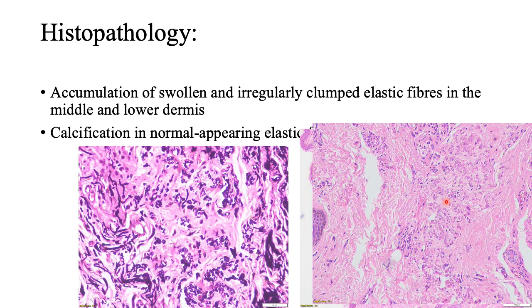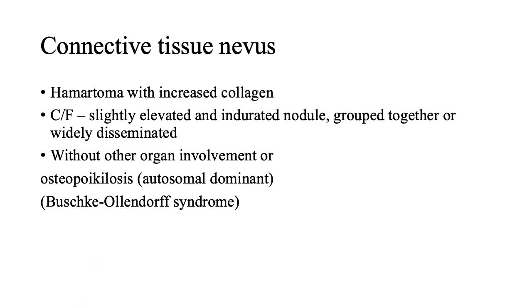These elastic fibers stain positive with VVG stain and also stain positive with von Kossa, as these are calcified. Connective tissue nevus is a hamartoma with increased collagen with normal, decreased or increased elastic fibers.